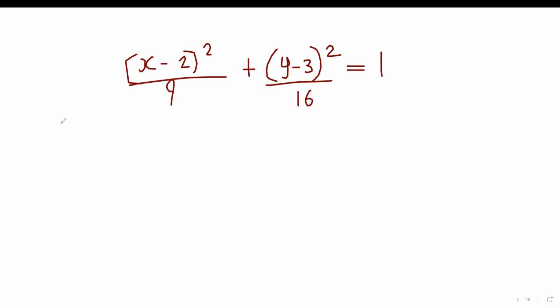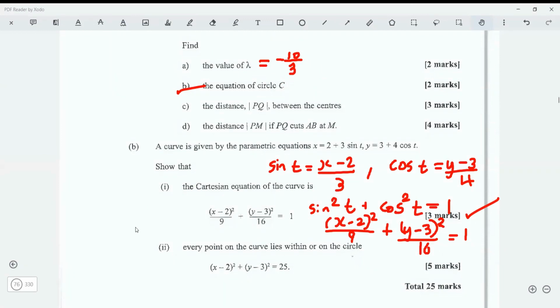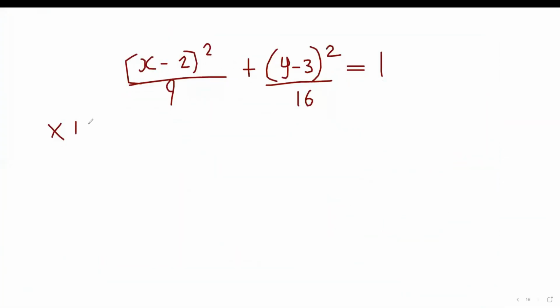Now, Marika, look at this. If we multiply through by 9 times 16, is that 144? Let me check. 9 times 16. That's 144, I was right.